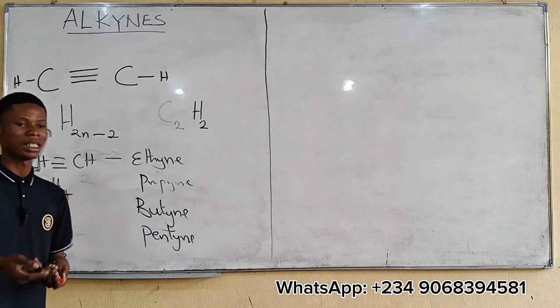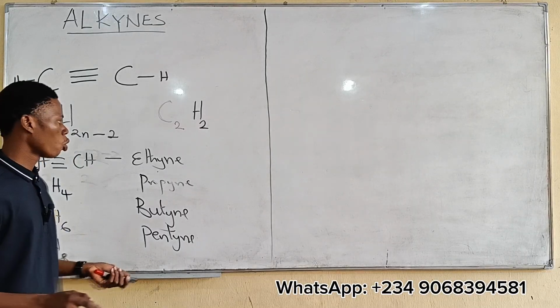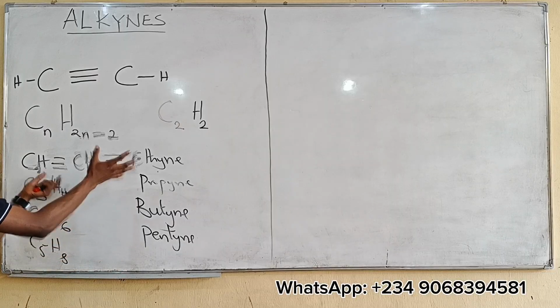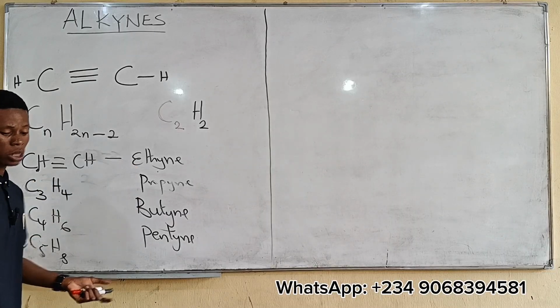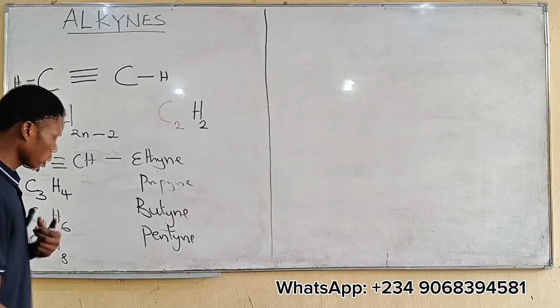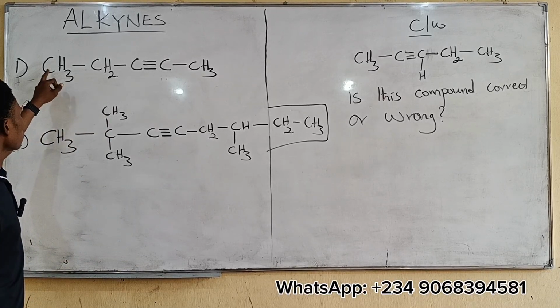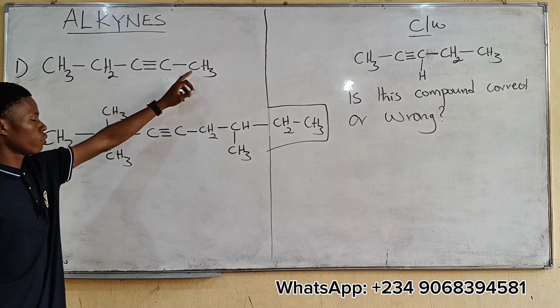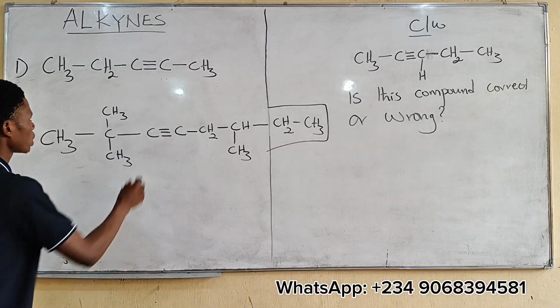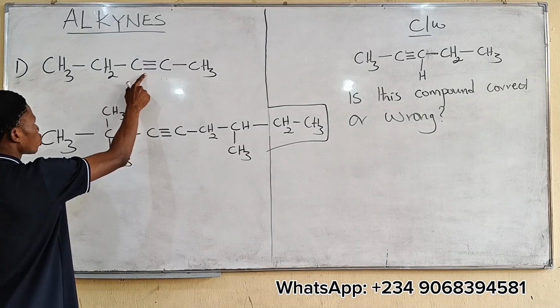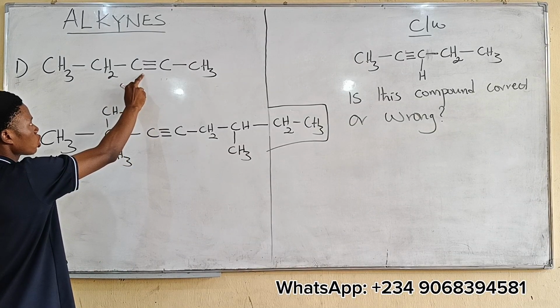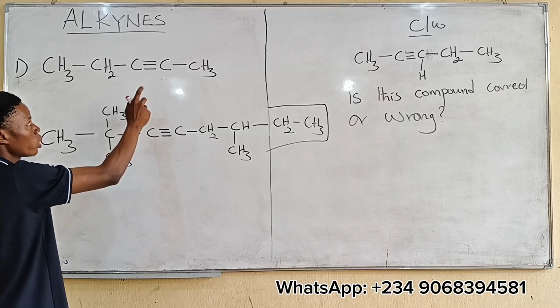Let's see how we can name them when they come in a different form, not in the normal simplest forms. All right, let's name this. The first thing is to find the parent chain, 1 2 3 4 5. We want to name it in such a way that the triple bond has the lowest numbering.